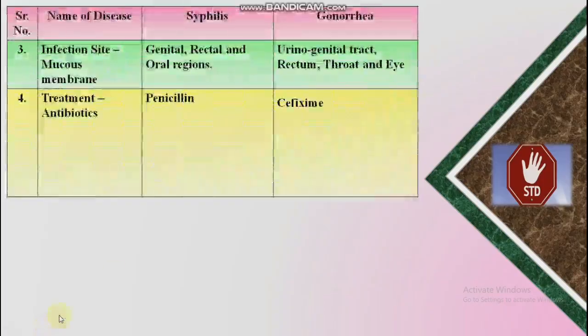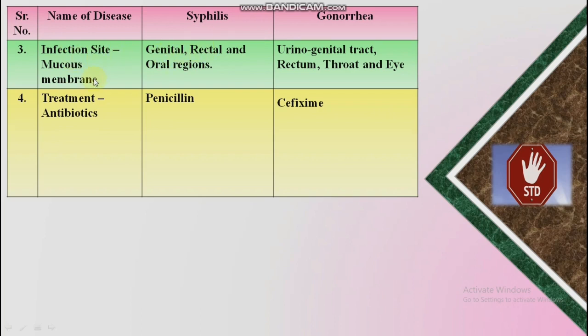Next, which site actually gets infected. I already told in previous slides that the infection site is generally the genital organs, external genital organs, reproductive tract. So this sexually transmitted disease is also known as reproductive tract infection. Here other parts also get infected.